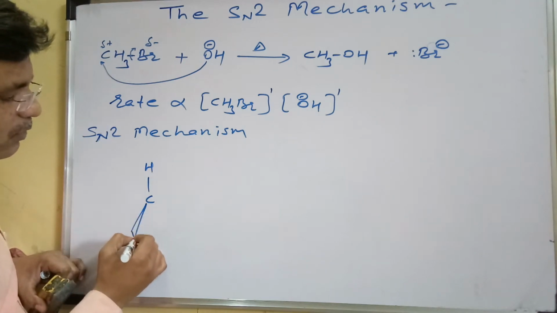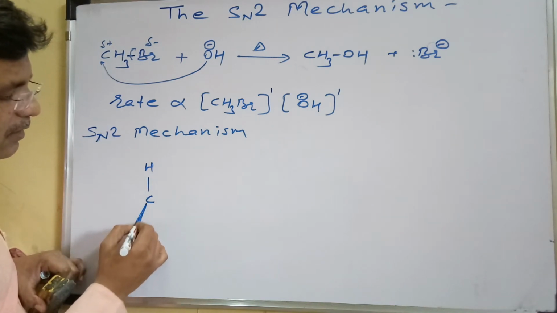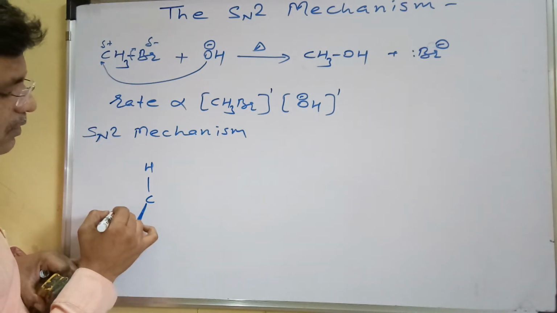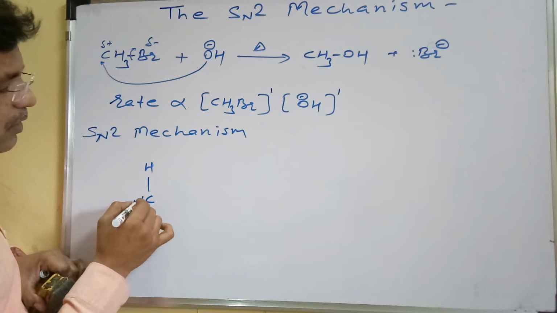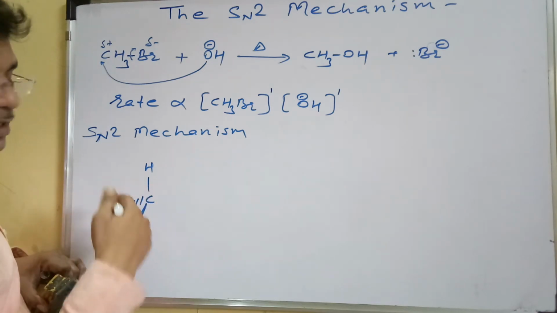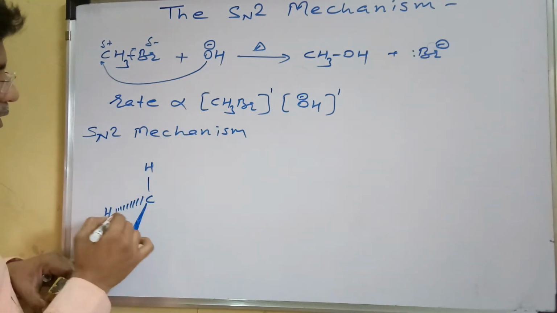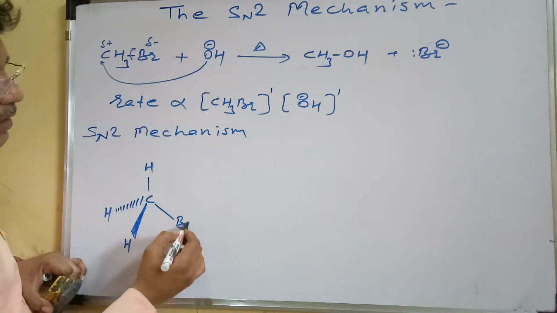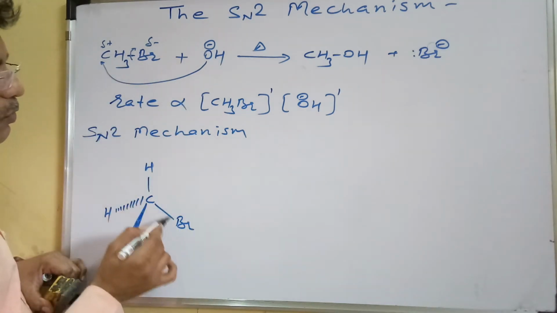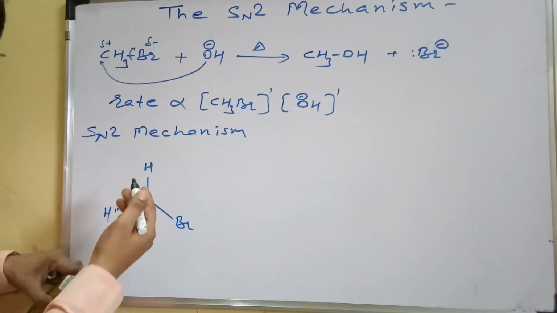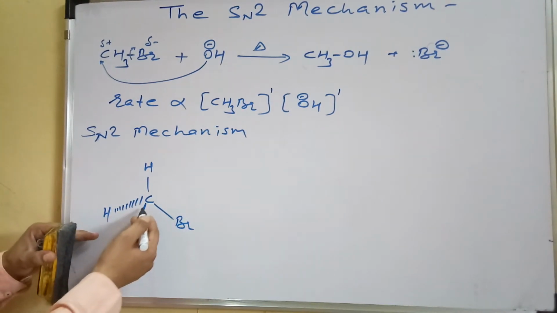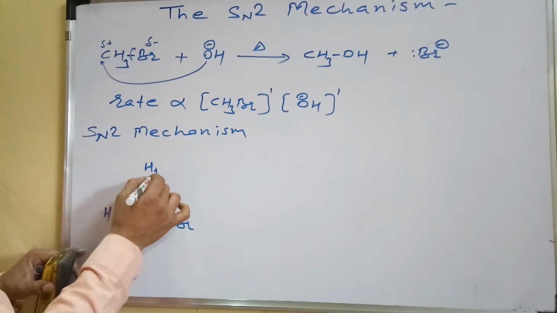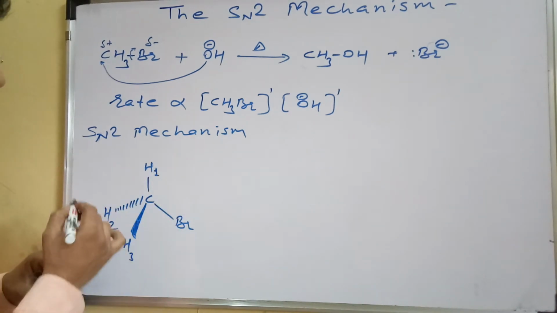Out of them, 1 hydrogen is coming towards us, indicated by a thick line, and another hydrogen goes away from us, behind the plane, indicated by a dotted line, and this bromine lies in the plane. So these two bonds are in the plane. This is away from us, and this bond is coming towards us, your front side bond. We'll write this as 1, this as 2 and 3.